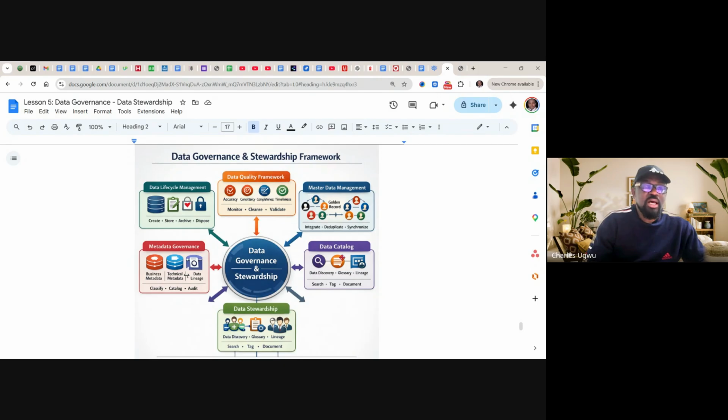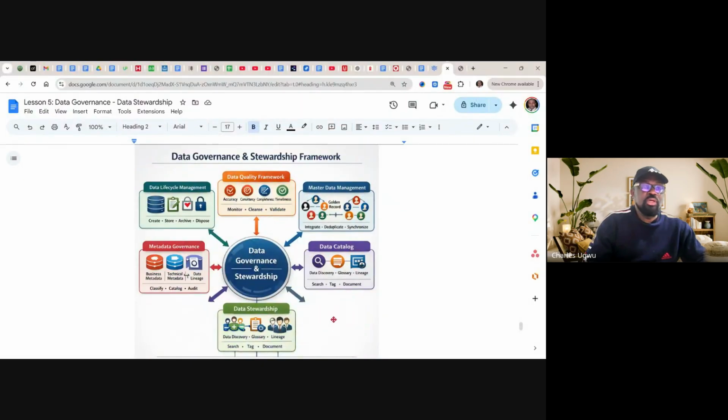This is the data catalog. This is data governance and stewardship. So with this diagram, we should be able to know our journey, how far we've come. And then this is data stewardship.